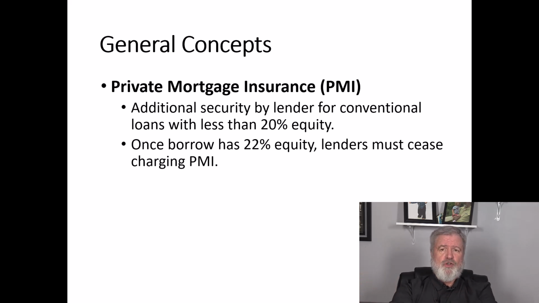So the numbers I want you to remember here: once you can show 20% equity, you can now request the PMI be dropped. If we don't request it, maybe because we forgot about it, didn't think about it, whatever, once there's 22% equity, now the lender must drop the PMI. And then at least now you're not paying that with a conventional loan. Okay? Good stuff here.